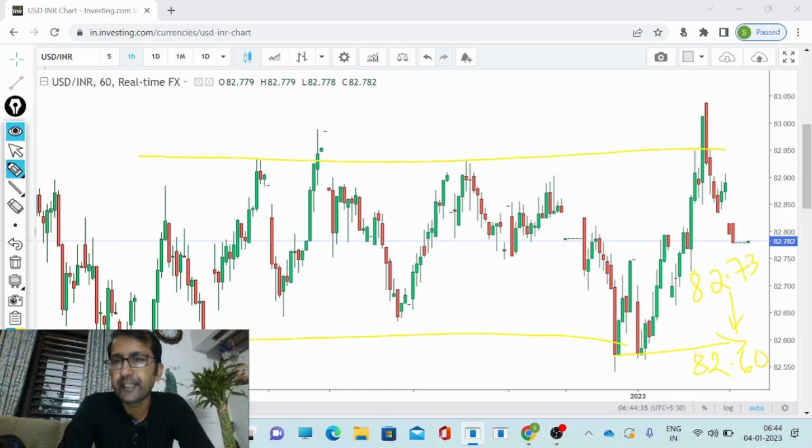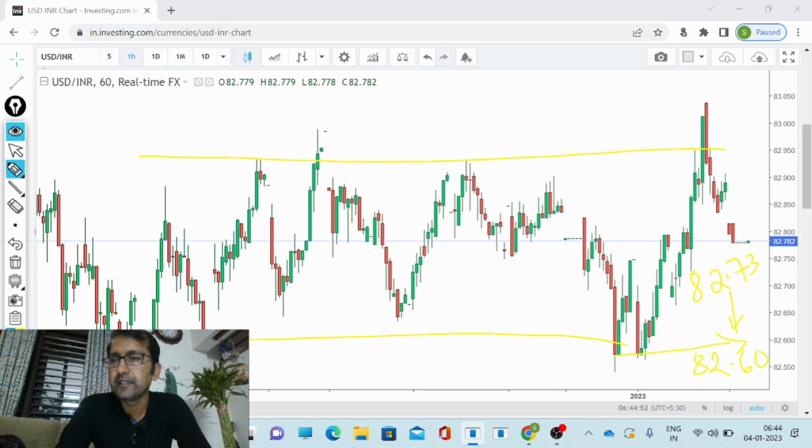Traders, be very cautious. If it is trading below 82.60 and it breaks 82.53, there will be a major fall to 82.20.